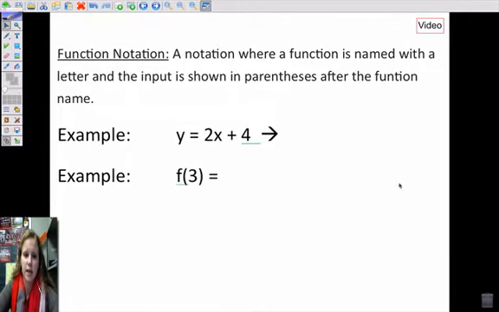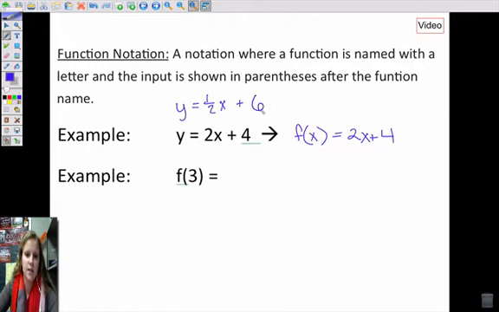Function notation is a notation where a function is named with a letter and the input is shown in parentheses after the function name. So instead of y equals 2x plus 4, we're now going to write f of x equals 2x plus 4. The reason is that if we had y equals 2x plus 4 and y equals 1/2 x plus 6, and our next unit is on systems of equations, you're going to have multiple equations.